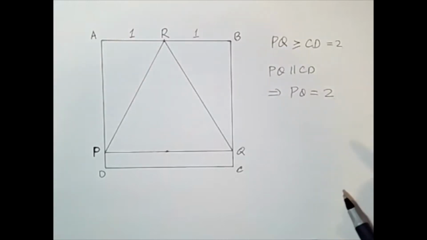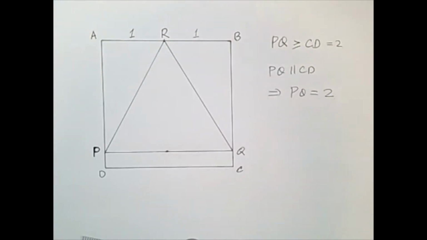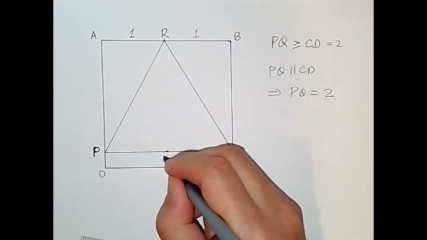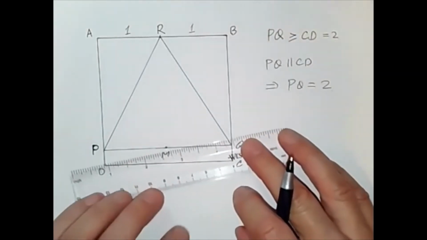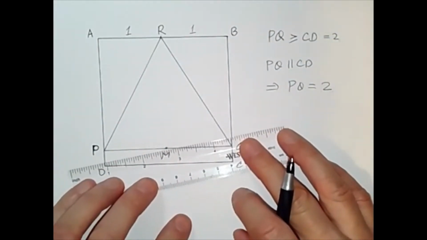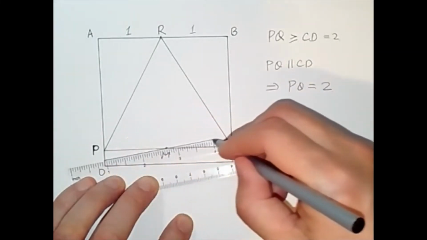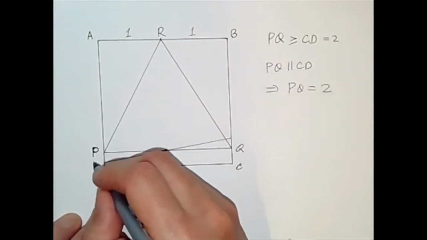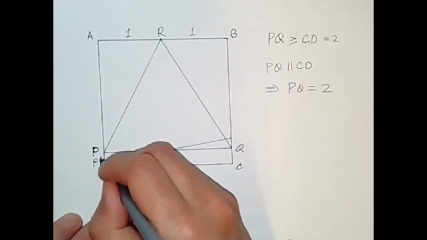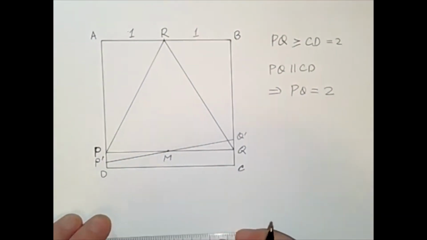From the animation, we also observe that the midpoint of PQ is critical. We call it M. Going through M, we can construct any segment reaching the other two sides of the square. I call the segment P prime Q prime.